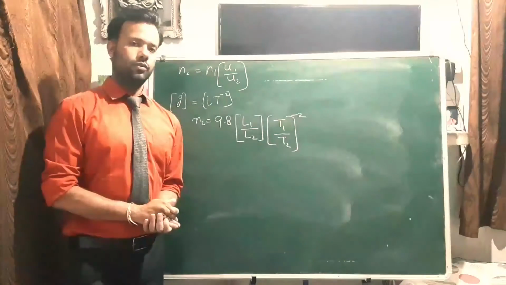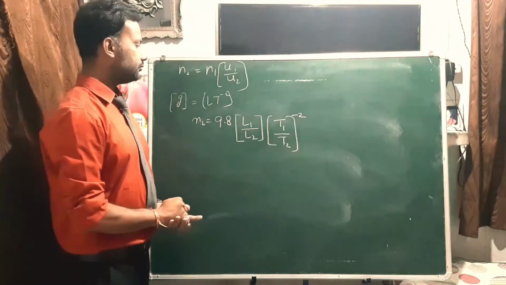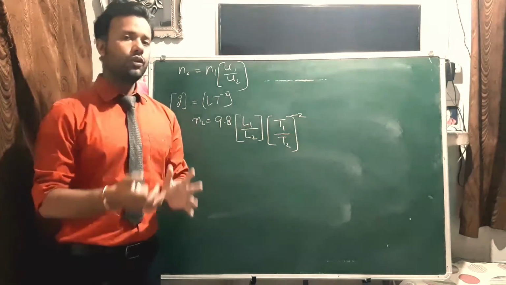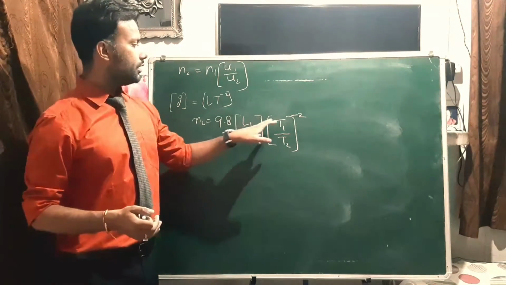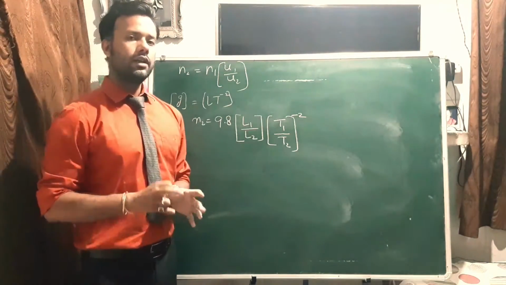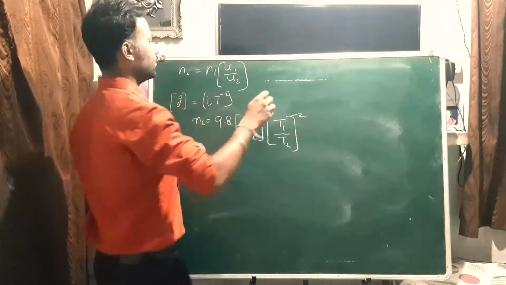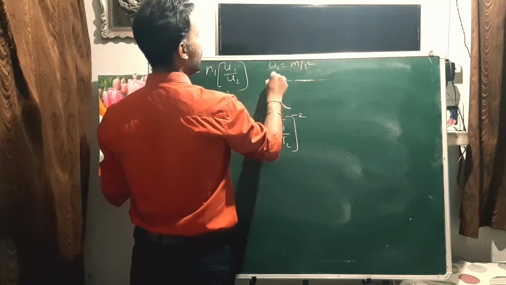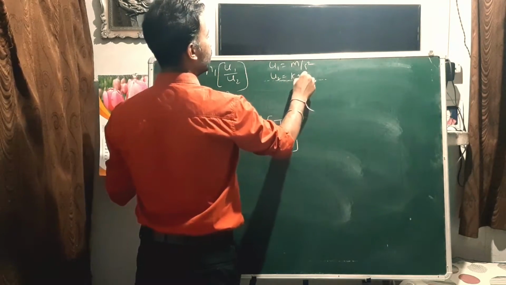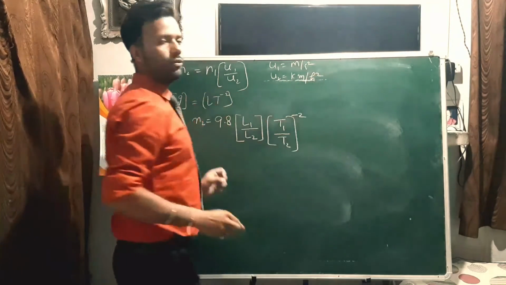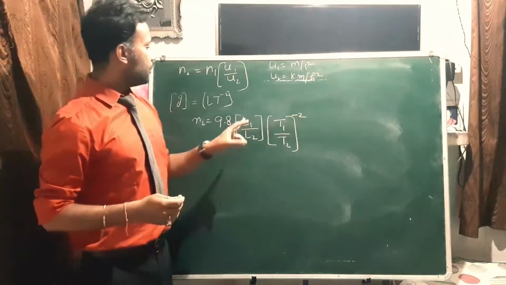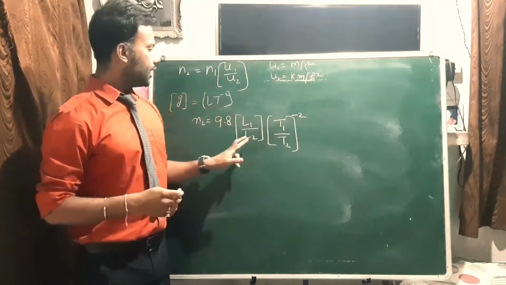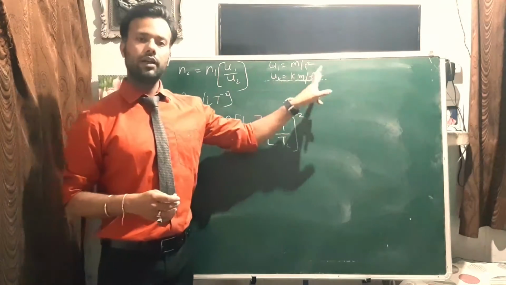Now what we have to do: write the units of L1, T1, L2, T2. We know that U1 was in meter per second square and U2 was in kilometer per hour square, right? So in L1 and T1 we'll write meter and second, and in L2, T2 we'll write kilometer and hour.